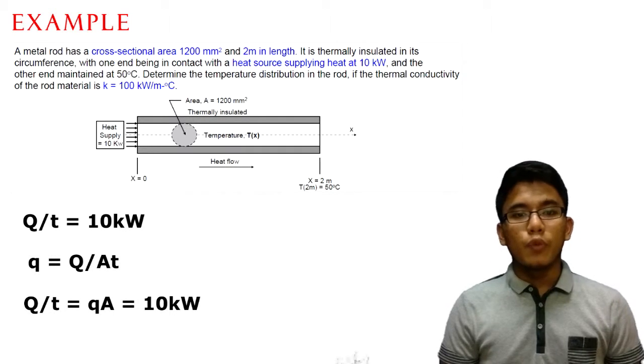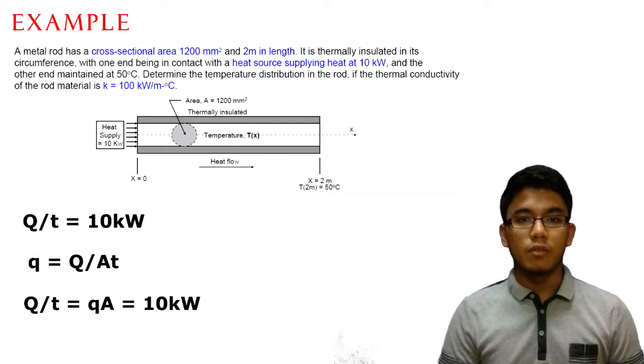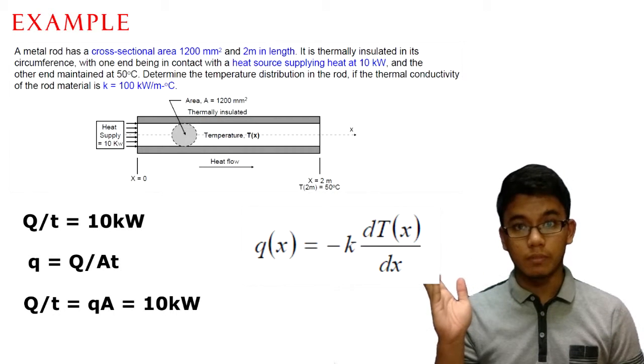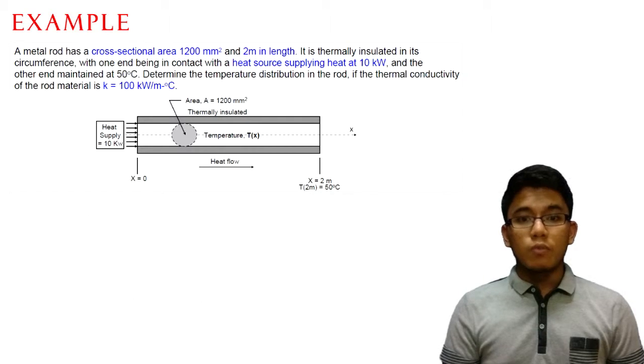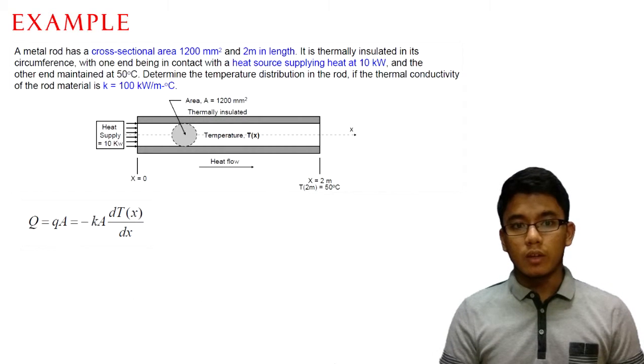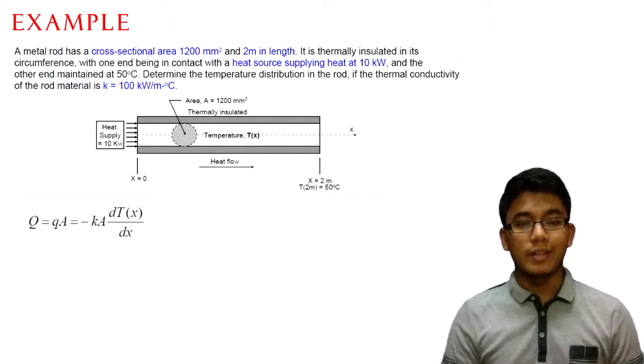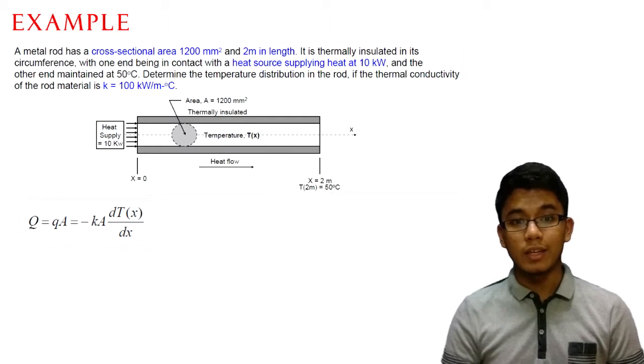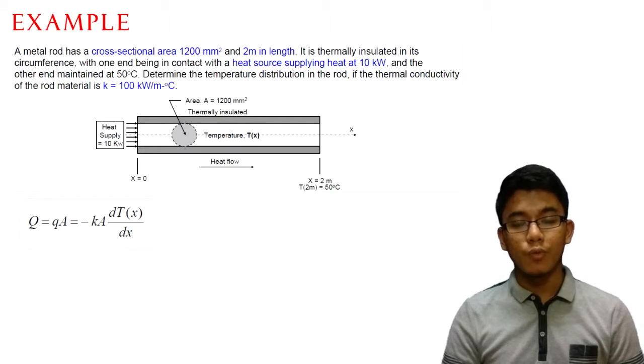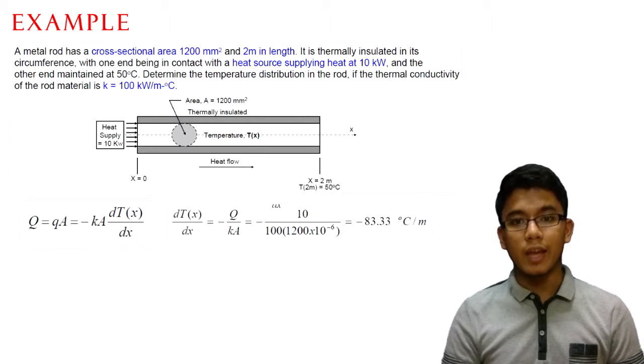But Fourier's law of heat conduction requires this equation. We thus have the equation of heat flux, that is Q equals qA equals negative kA dT(x) over dx. We can express dT(x) over dx as negative Q over kA.